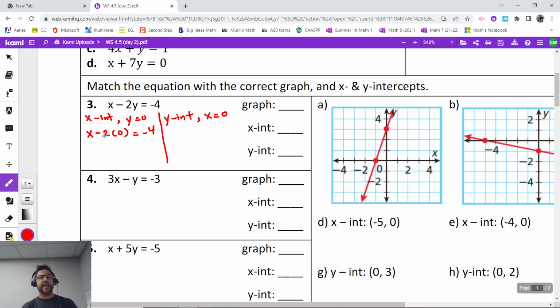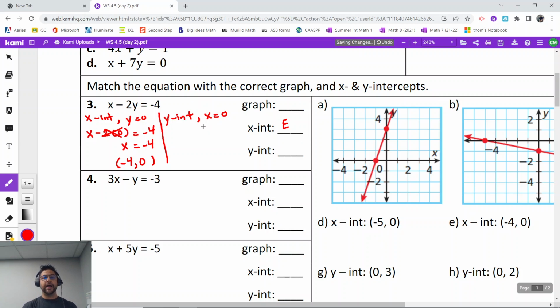The video showed that we all know anything multiplied by 0 is just 0, so we can cross that off. So let's say x is equal to negative 4. And our ordered pair, remember, is negative 4, 0. So looking at the x-intercept options, that is letter E.